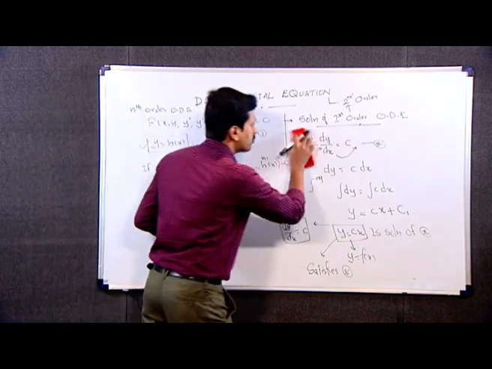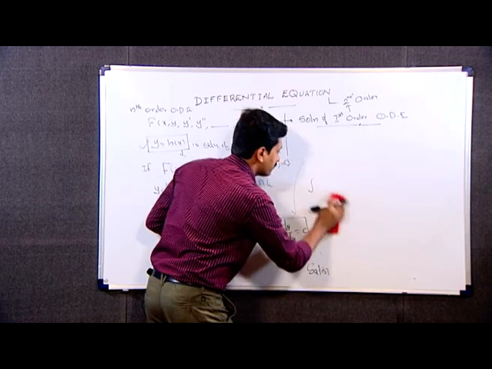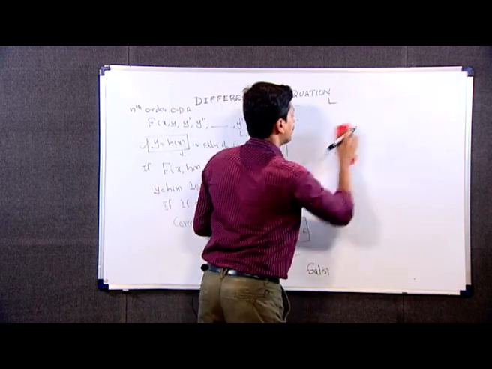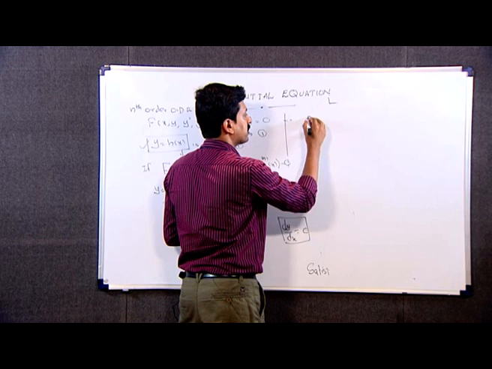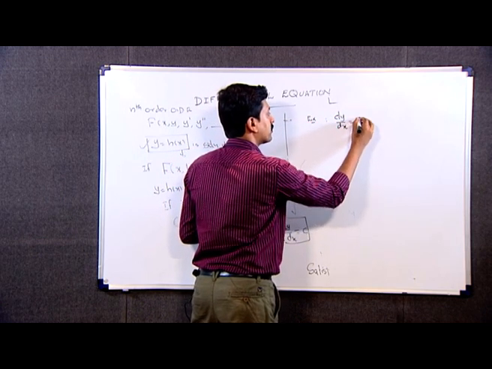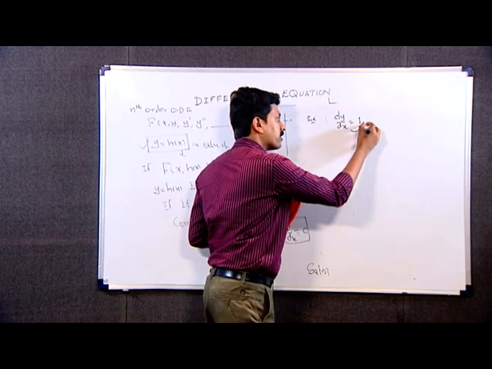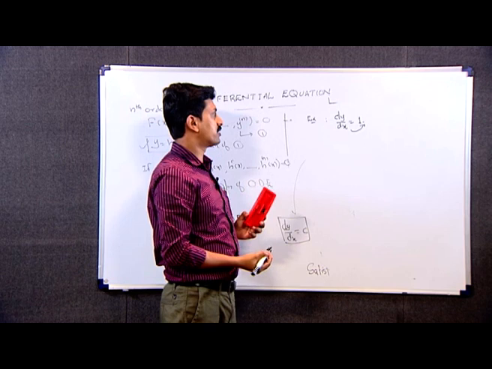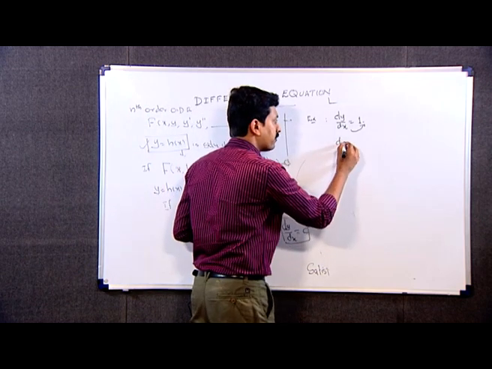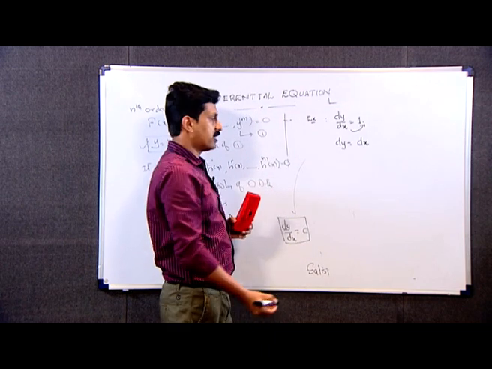Similarly, I would like to show an example. Consider the differential equation dy by dx equal to 1 that we showed earlier. We can write dy is equal to 1 into dx.